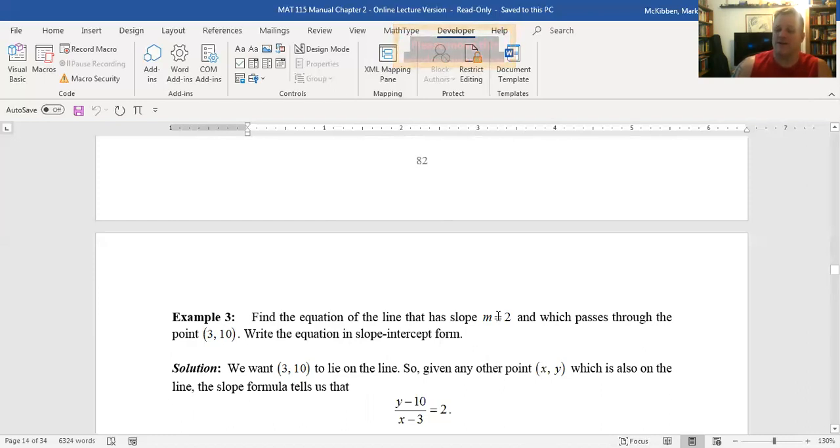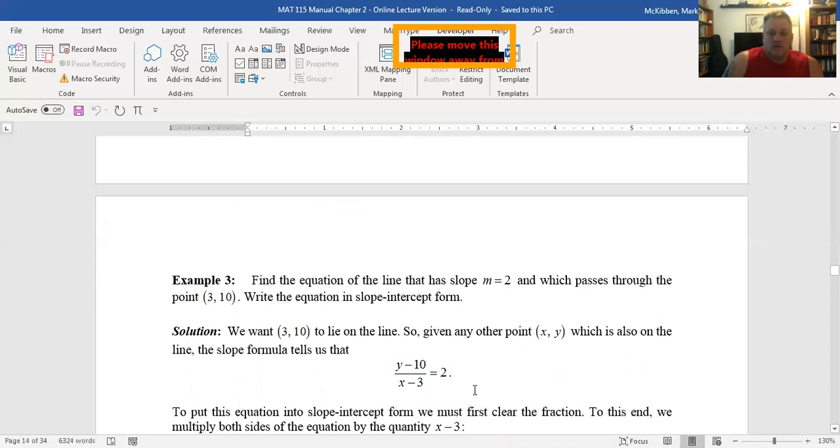That's the definition. Remember, any 2 points on the line yield the exact same slope. All right, and so let's do that. Let's subtract the y's to get y minus 10, over subtract the x's to get x minus 3. That ratio has to be 2.